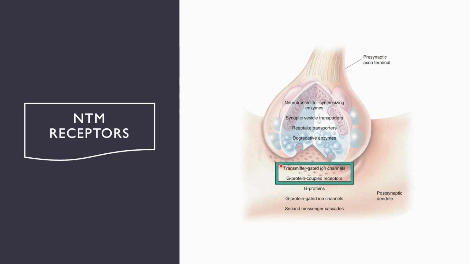Now, at the postsynaptic cell, we need ion channels or receptors to take up any of this neurotransmitter that's being sent from the presynaptic cell to the postsynaptic cell. And both transmitter-gated ion channels and G protein-coupled receptors are the 2 key types of receptors that are utilized. There are several different types of neurotransmitter receptors, but these are the 2 key types we're going to focus on in this class. And each type has subtypes of receptors that are utilized based on the neurotransmitter at play.